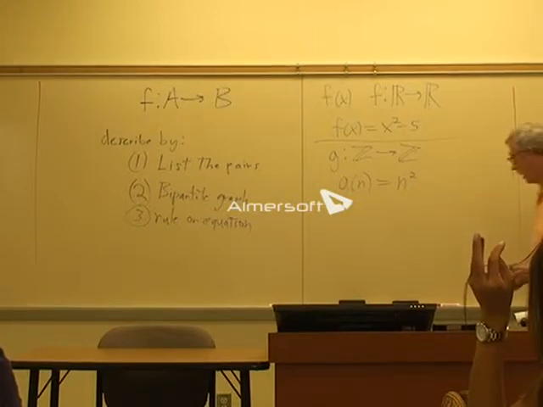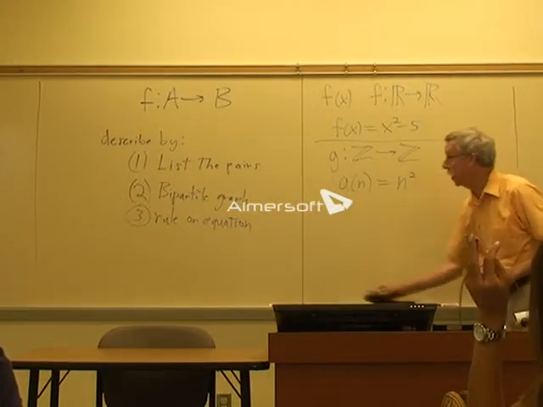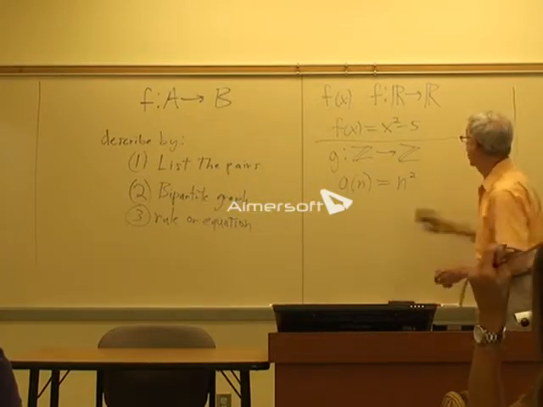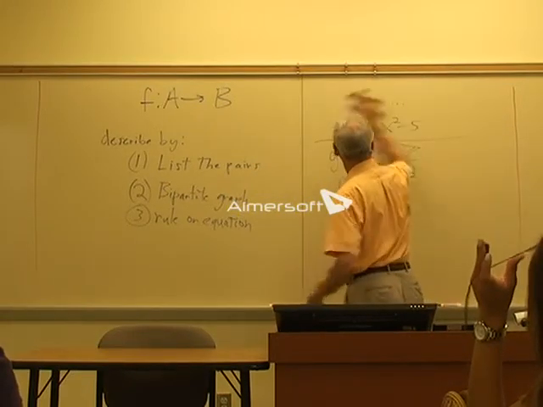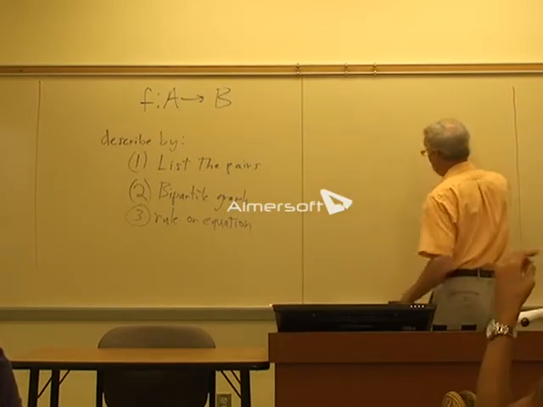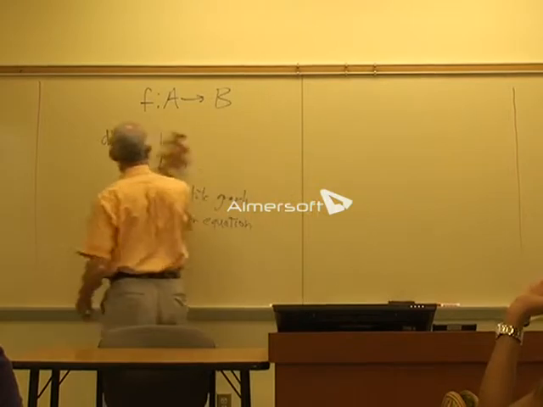Now, a couple more definitions we want to clarify: what is the range, what's the image, and what is one-to-one and onto. These are the four big properties that we want to concern ourselves with.